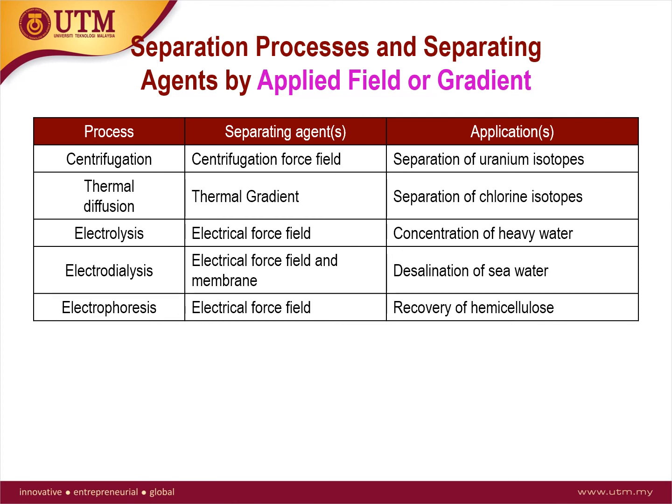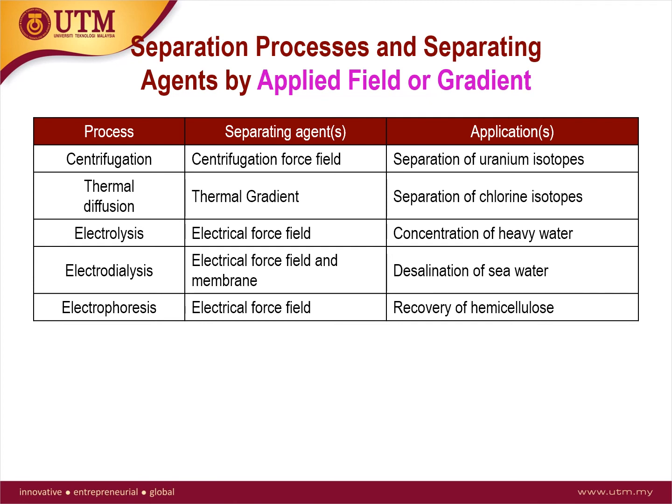This separation uses the principle of different molecular weight. Then thermal diffusion is applied based on the thermal gradient principle, for example, separation of chlorine isotope. This application also uses the difference of molecular weight.